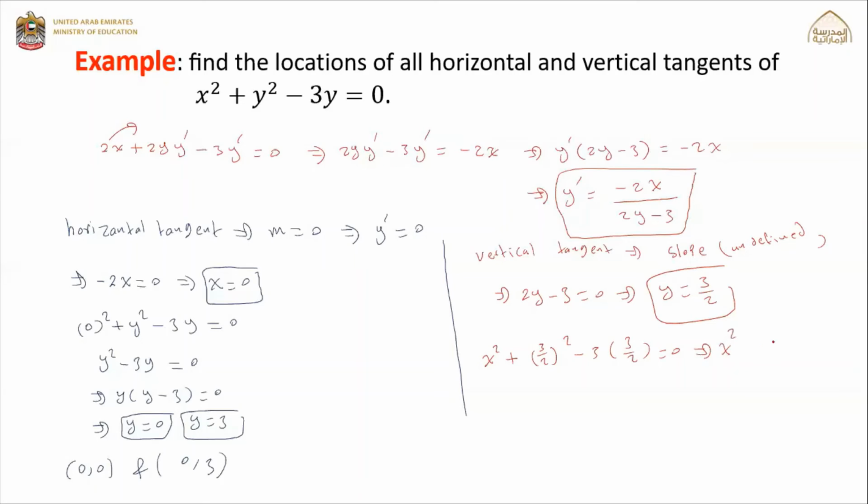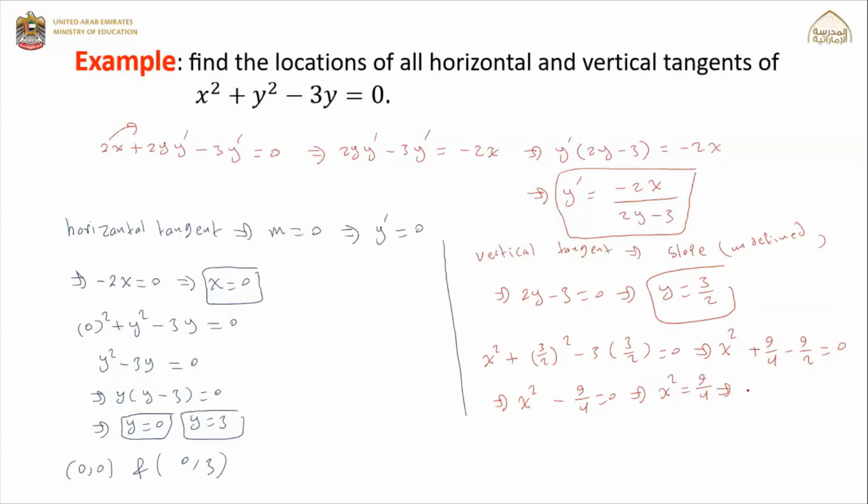So x squared plus 3 over 2 squared, which is 9 over 4, minus 3 times 3 over 2, which is 9 over 2, equals 0. So x squared, 9 over 4 minus 9 over 2, is minus 9 over 4. From this, I can find x squared equals 9 over 4.